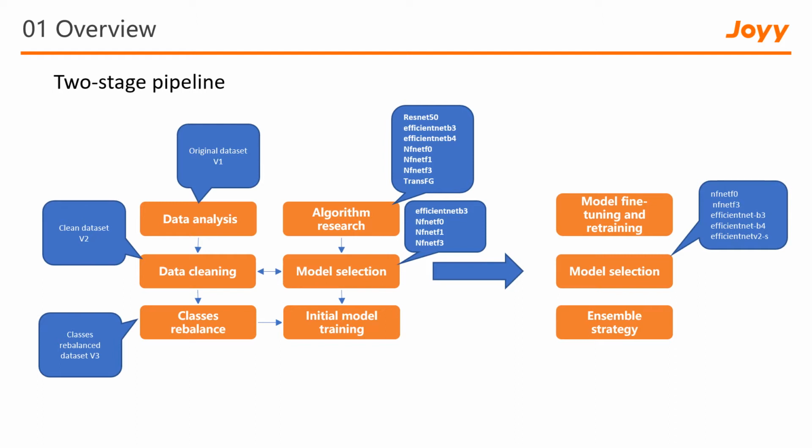In this competition, we used a 2-stage pipeline that had been validated in our previous projects. In the first stage, we train many models based on the original dataset V1. Then we adopt multi-model voting to clean up the noise samples in V1.